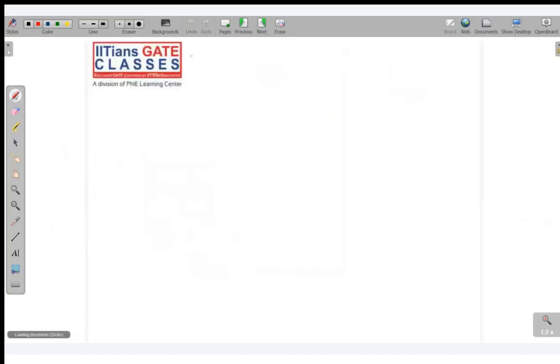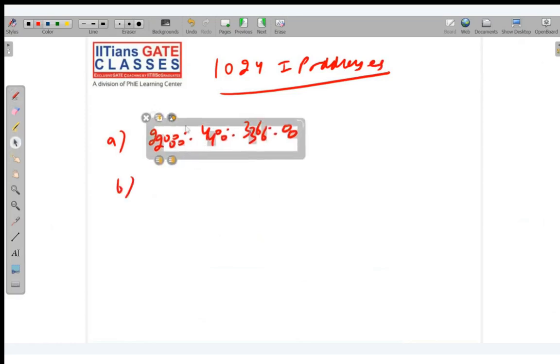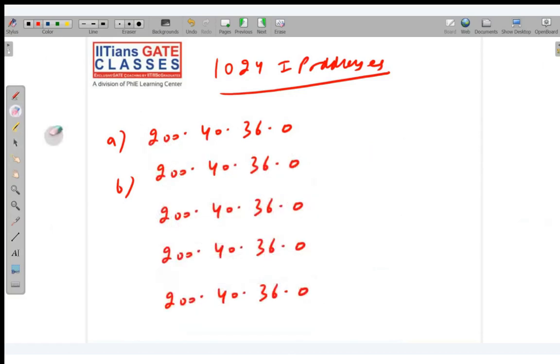Now if an organization needs 1024 IP addresses, and I want the starting address, I'm saying option A is 200.40.36.0. Option B, let me copy that out: 36, 38, 40, 41, 60.